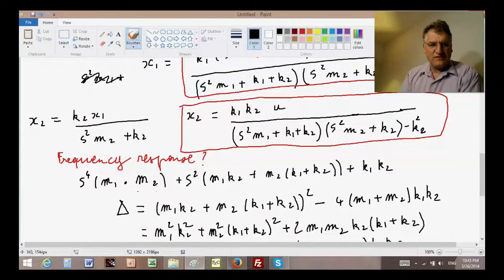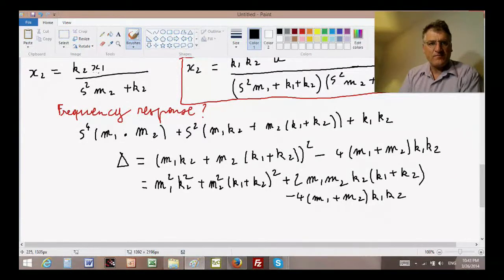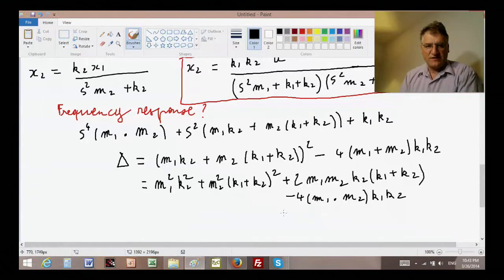These dimensional analyses are definitely really nice to locate easy mistakes. So now that I have changed things a little bit, we recognize that minus 4 times m1 m2 k1 k2 appears here as another quantity, 2 m1 m2 k2 times k1 plus k2.